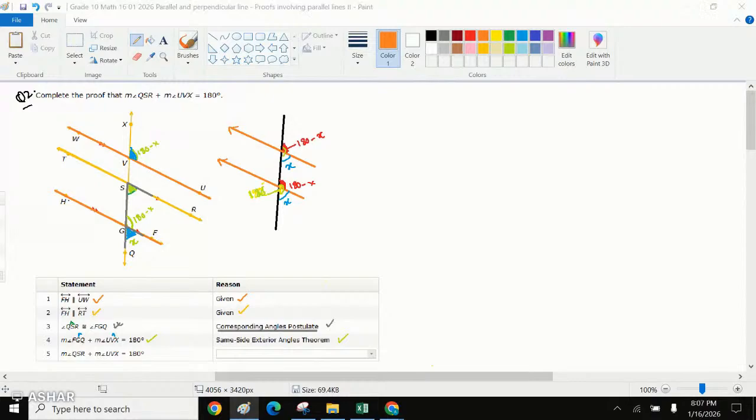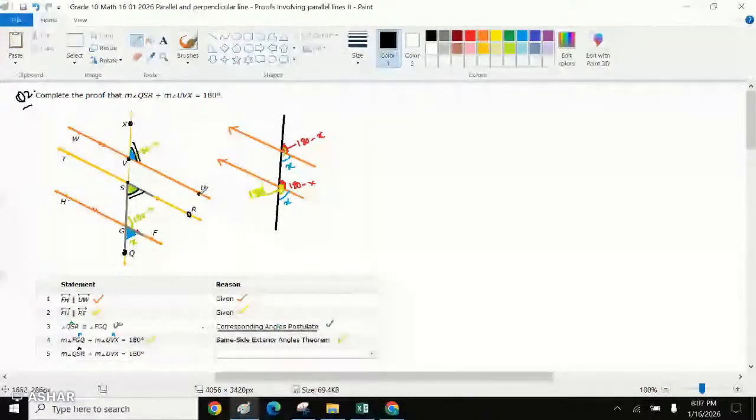In the last one, they are saying that the angle QSR. Let's label QSR. Where is Q, S, and R? This angle QSR. This is Q, this is S and R, plus UVX. U, V, and X. They are saying they sum up to 180.